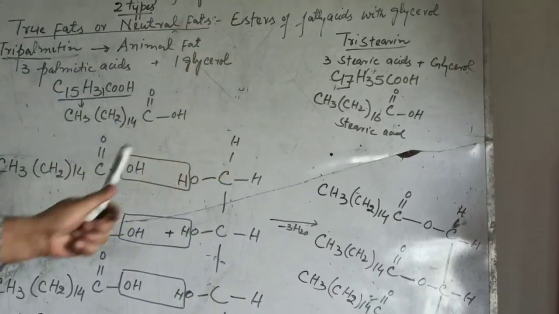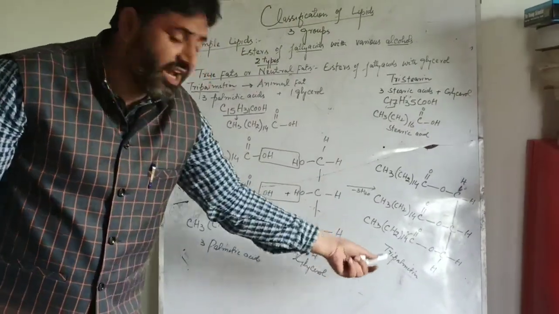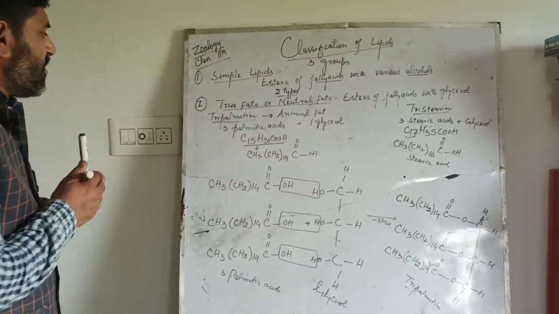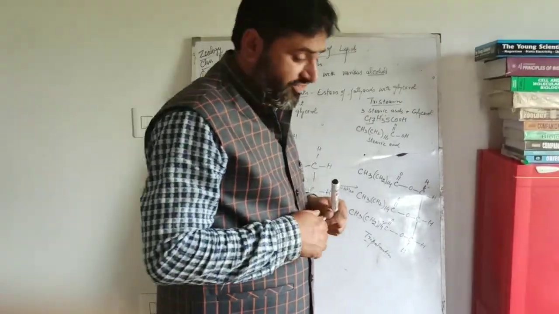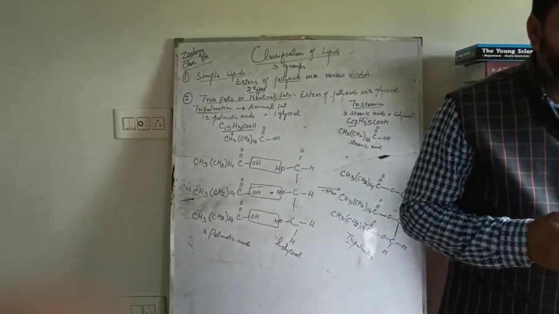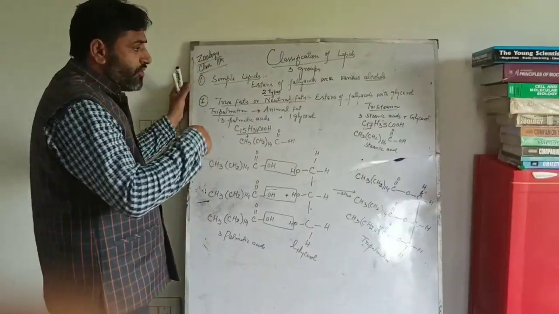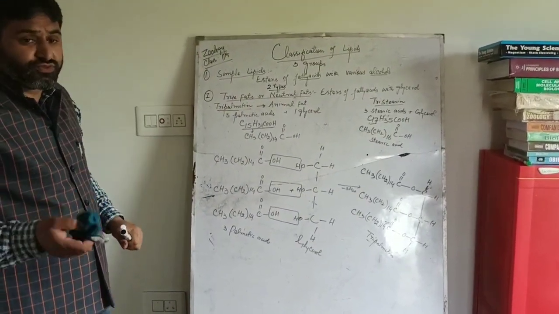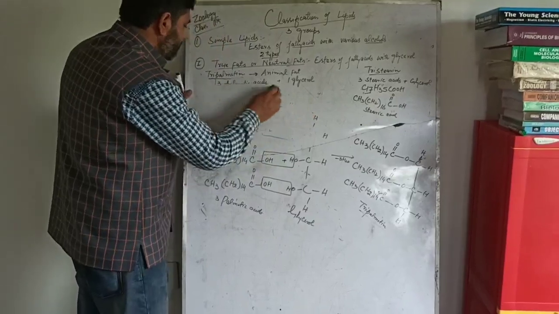So you have to take 3 stearic acids and 1 glycerol molecule, and you can get tristearin. So this was about the true fats or the neutral fats which are found mainly in animals, and that is tripalmitin and tristearin, as well as there are some of these true fats or neutral fats also found in plants.